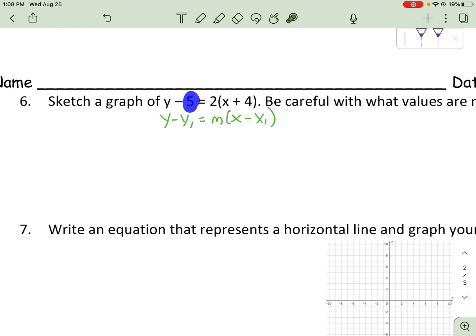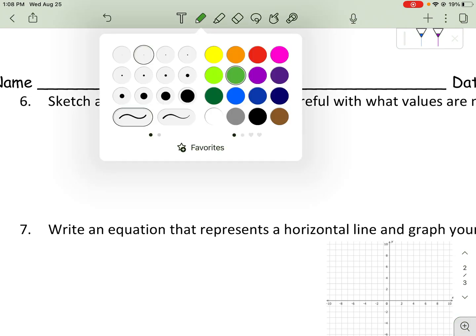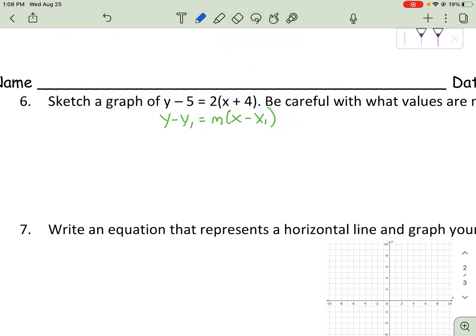So that means the y1 value is actually 5, and the x1 value has to be negative 4 because this is a plus sign, which means there had to be a second negative right there. That's where people tend to make mistakes if they make mistakes on this. So y1 is actually equal to 5, x1 is equal to negative 4, and m is equal to 2. So we have a slope of 2 and a point, negative 4, 5.